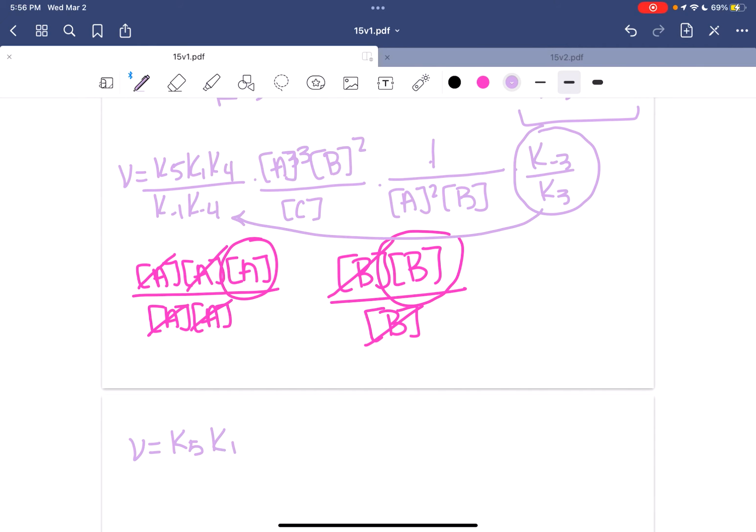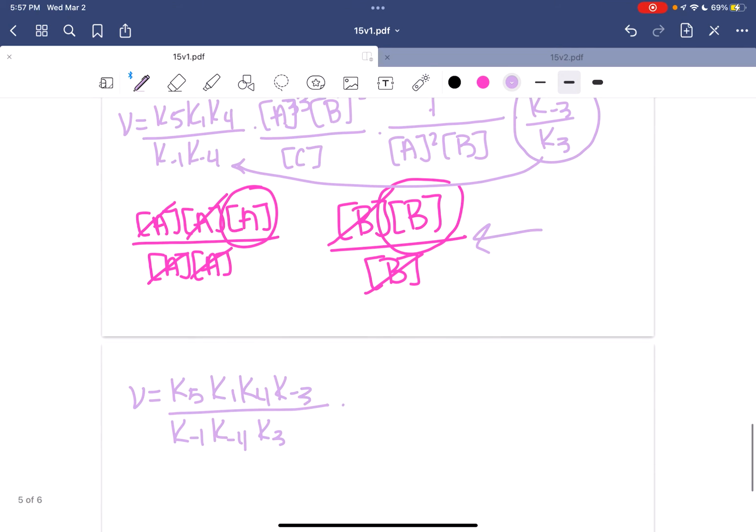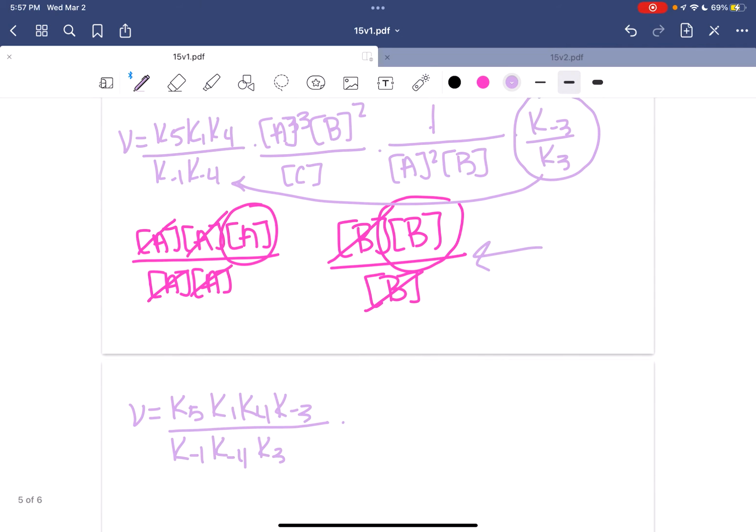So that's K5, K1, K4, K minus 3 divided by K minus 1, K minus 4, and K3. And then from our canceling out that's written in pink, we have just 1A and 1B, and that's divided by that last C that we weren't able to solve for in this previous step.